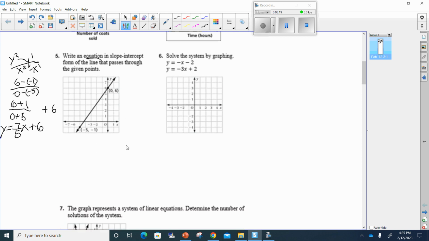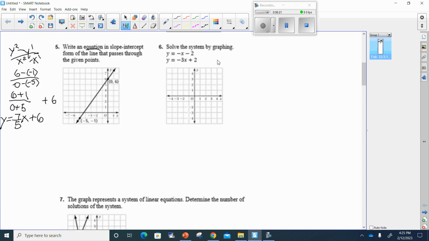All right, let's move on. Solve the system by graphing. This time we're going to graph this linear system. Okay. We're going to see where the two lines meet, and that'll be our answer, right? So if this one here, we could put y equals negative x minus 2. So that means that it's going to be here at negative 2.